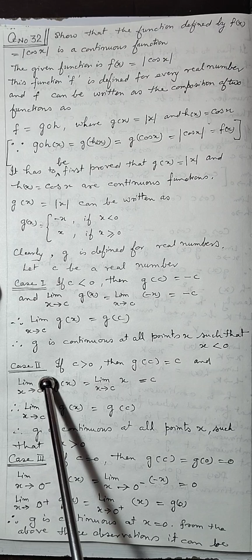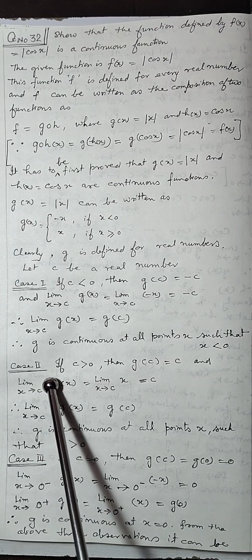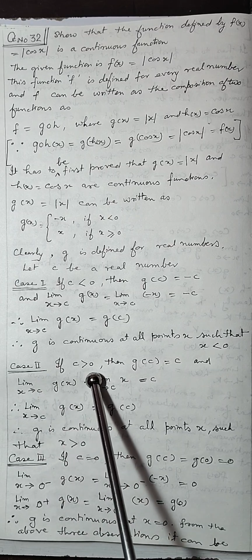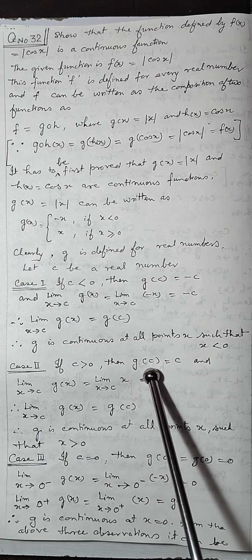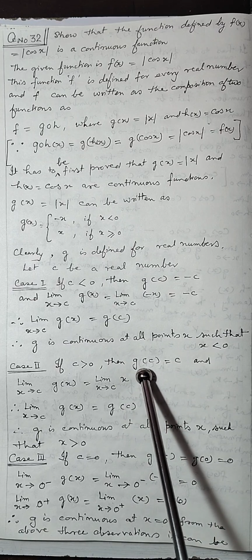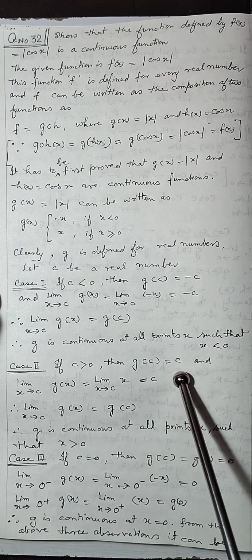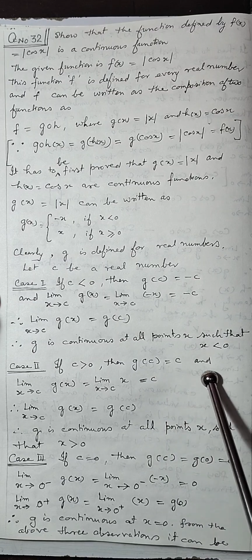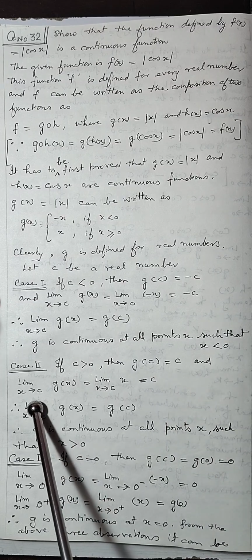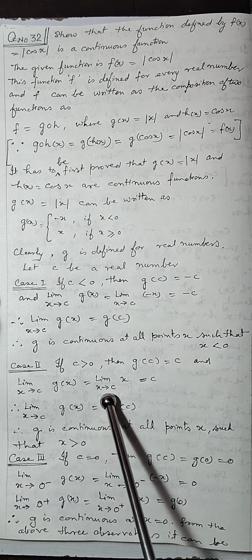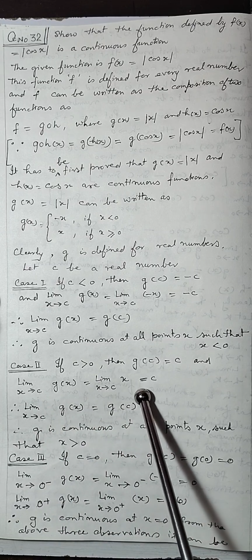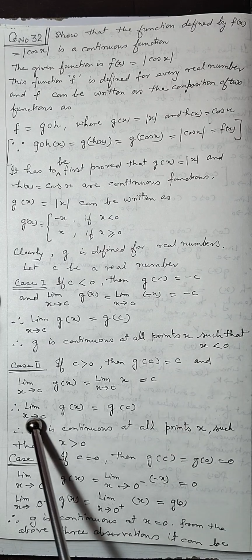Case 2: if c > 0, then g(c) is equal to c, and the limit as x approaches c of g(x) is equal to the limit as x approaches c of x, and it will be equal to c.